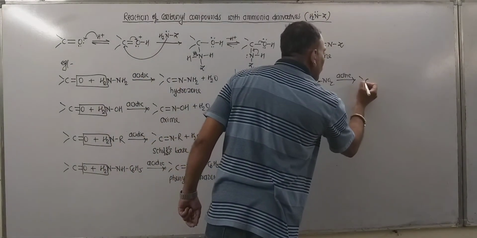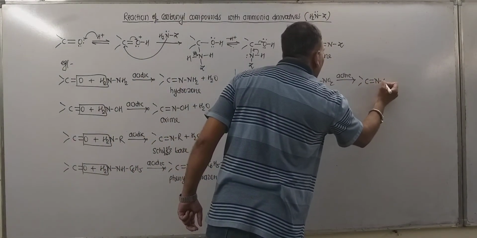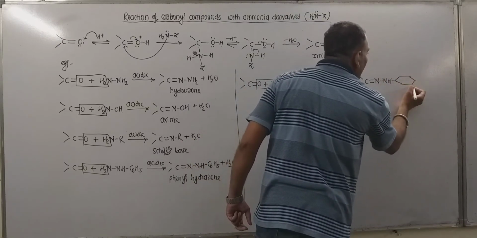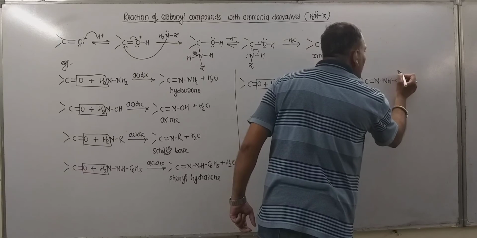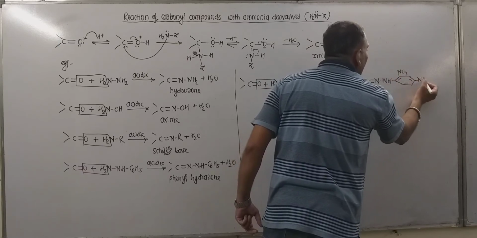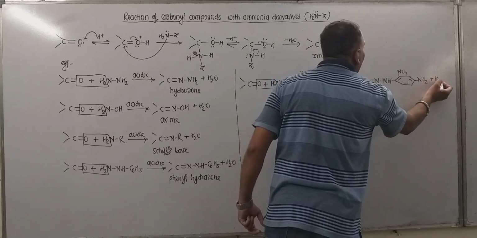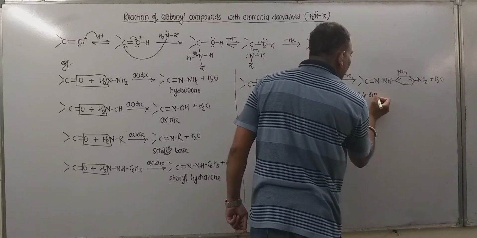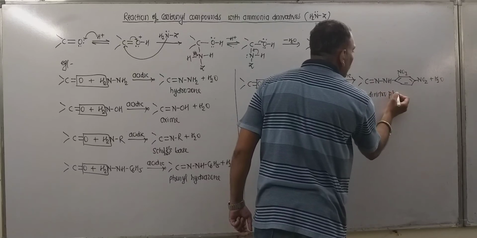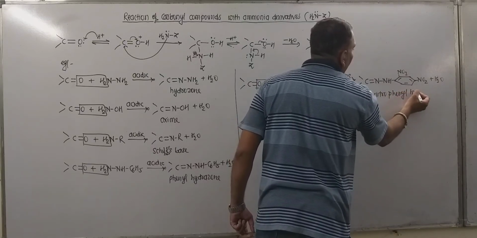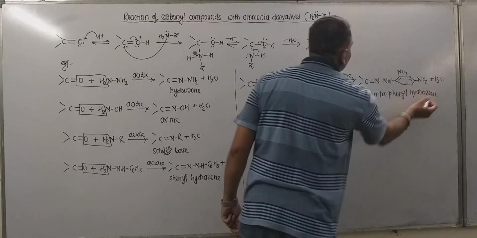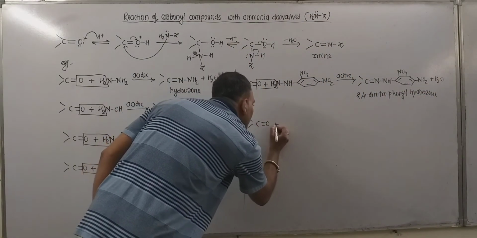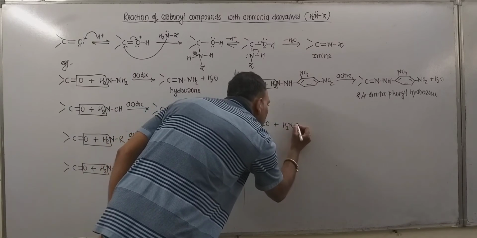This leads to the formation of an imine product, and that imine so obtained on departure of water is called 2,4-dinitrophenylhydrazone.